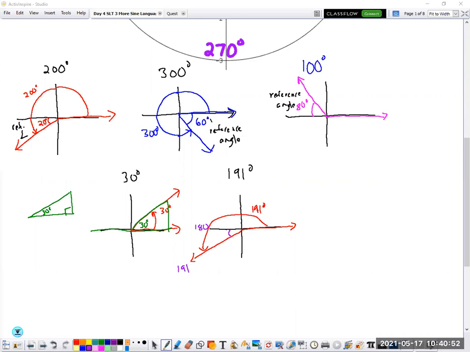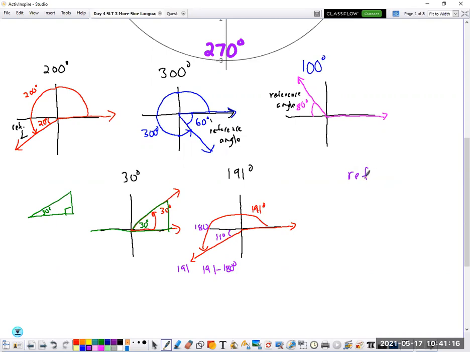Hey, Sam, can you unmute yourself and say what you just typed to me? 191 minus 180. There you go. 191 minus 180 is how much? 11. Oh, 9. You're right. Oh, okay.